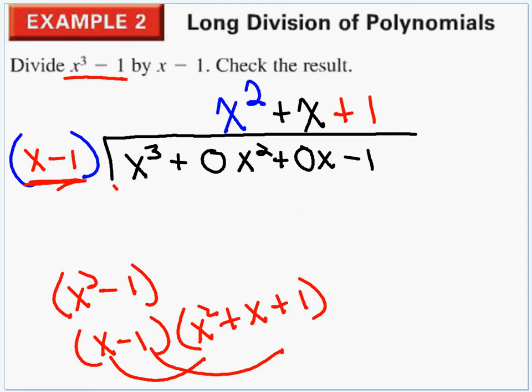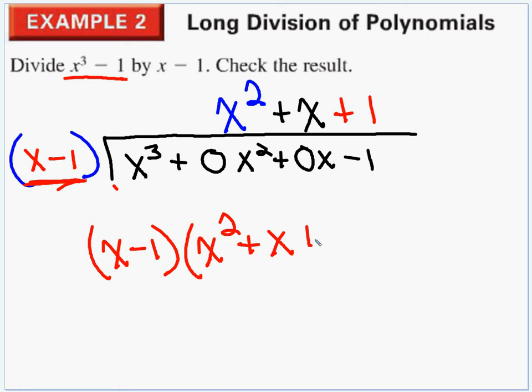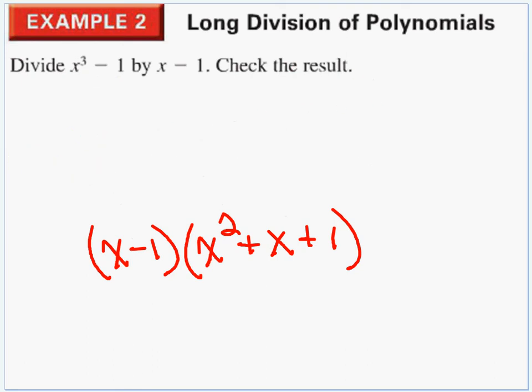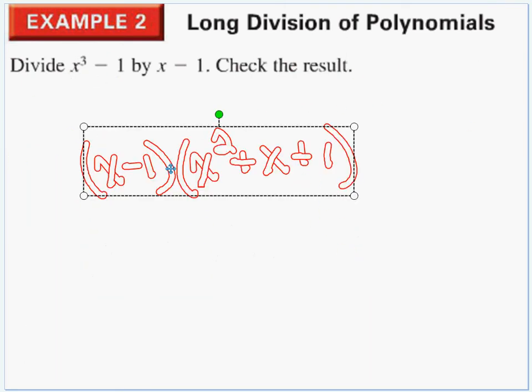Here we did it with a long division, but we can now say the x minus 1 binomial, if we multiply it by what's on top, x squared plus x plus 1, if we sort of FOIL this out, so to speak, we should get back to where we started, x to the third minus 1. Let's try it out.